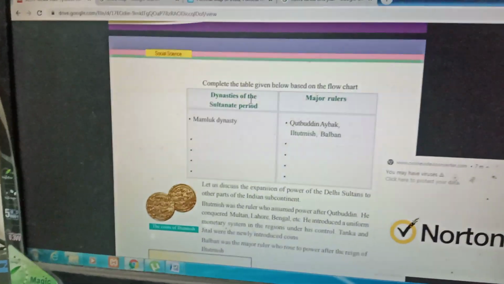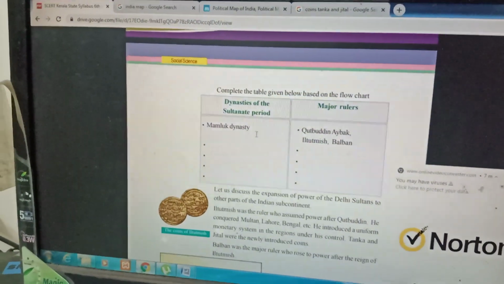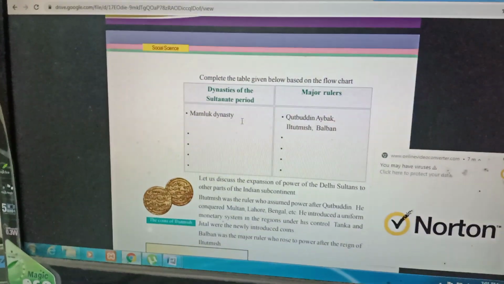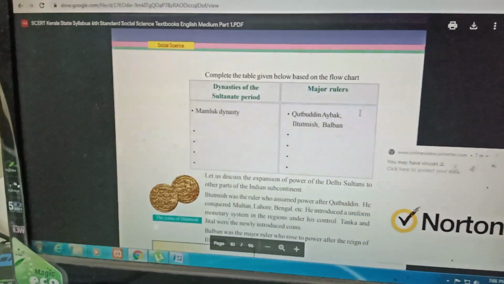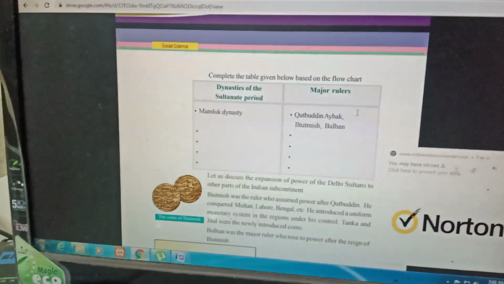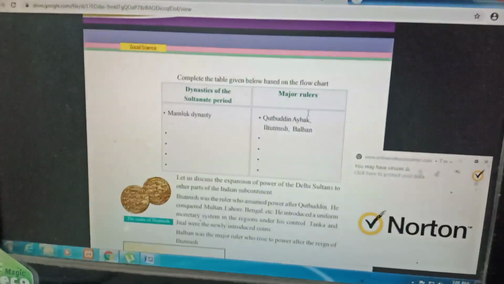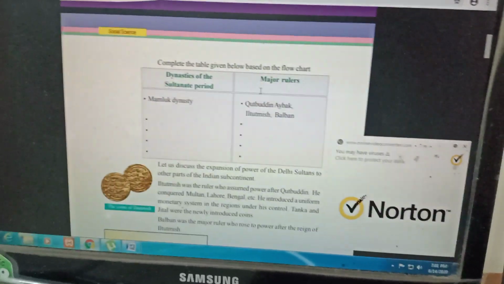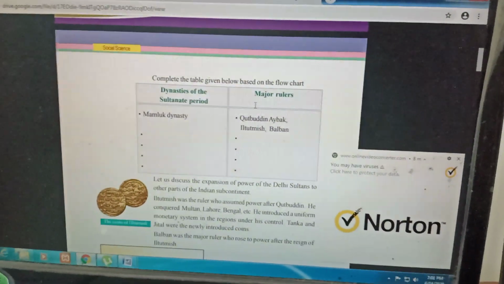Under Dynasties of Sultanate period, you have to write the dynasties like Mamluk dynasty, Khilji dynasty, Tughlaq, Sayyid and Lodi dynasty. Then against each dynasty you have to write the major rulers. Here one is done for you: Mamluk dynasty. The major rulers were Qutbuddin Aybak, Iltutmish and Balban. Please do it.